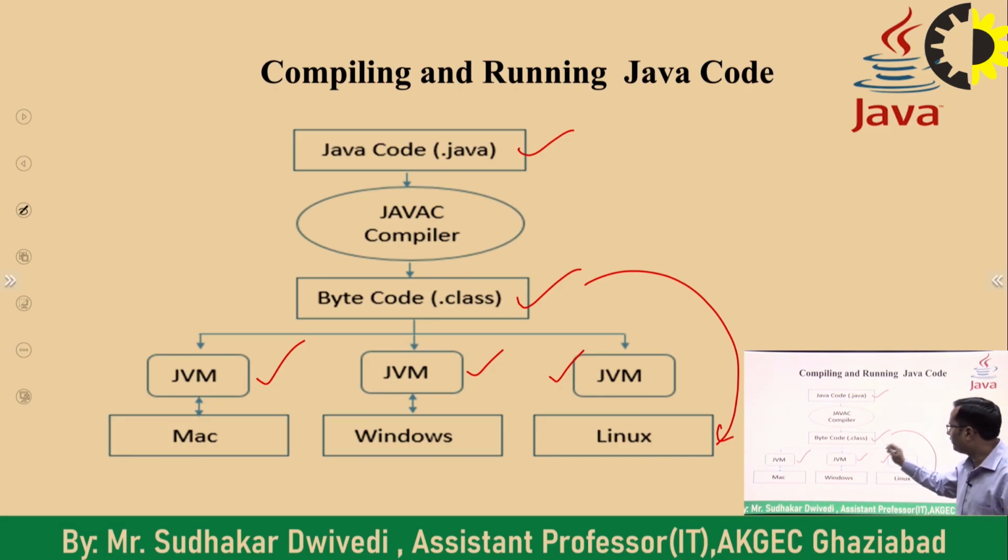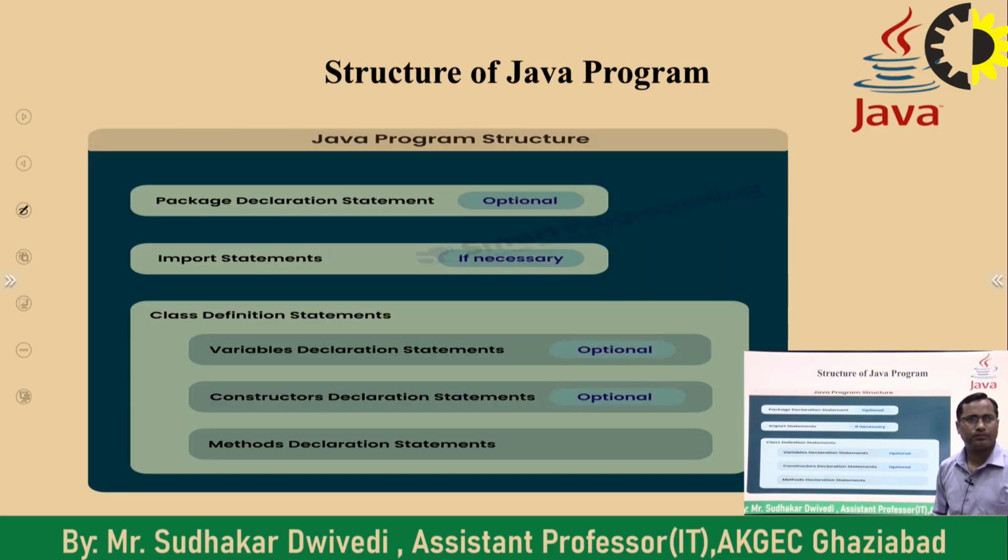So the .class file generated after compilation is not machine dependent; it depends on a virtual machine. Once we have created a Java code, compiled it, and got a .class file, we can execute it easily.